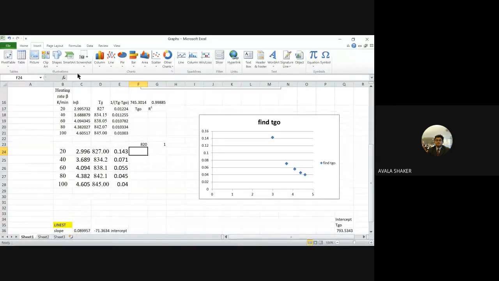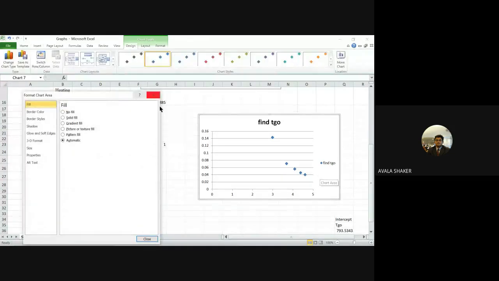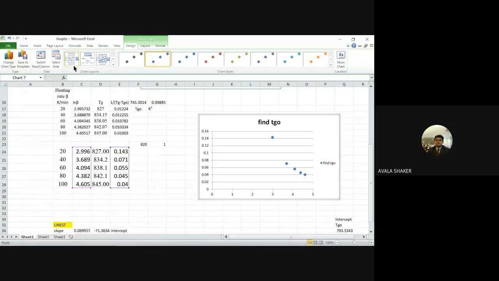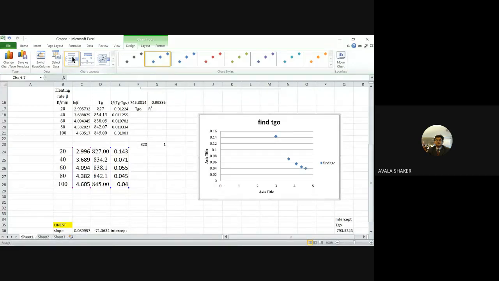Okay. So what we'll do next is click on this chart area and then select a chart type layout. So we'll select a layout, so that we can label the axes properly. Okay. So labeling axes is very, very important.